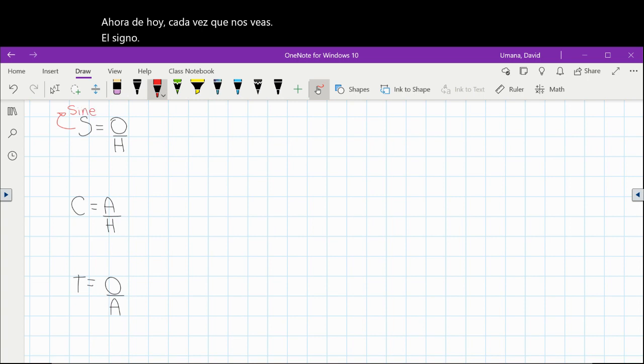It looks like sin, that's how we usually write it, but it's called the sine. This one over here is going to be called the opposite. And this is going to be called the hypotenuse.